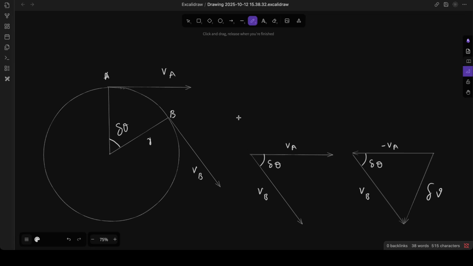If I know the change in velocity, I'll know the acceleration. So I'll take vector VA and vector VB and put them across like this.